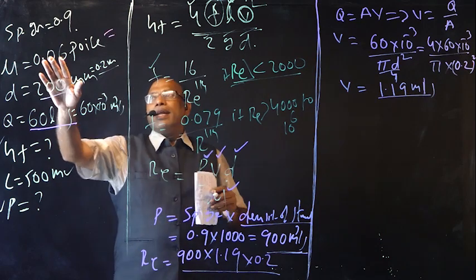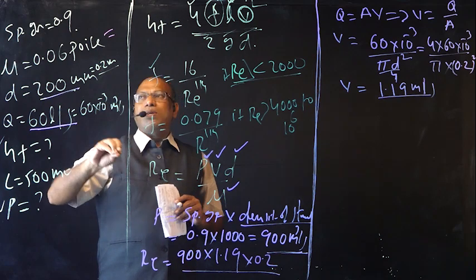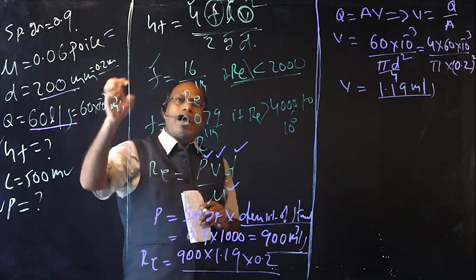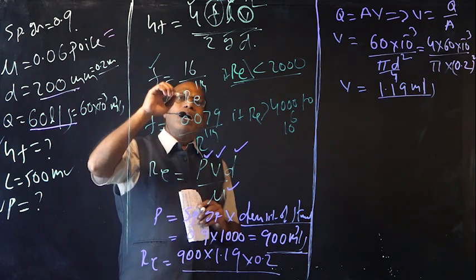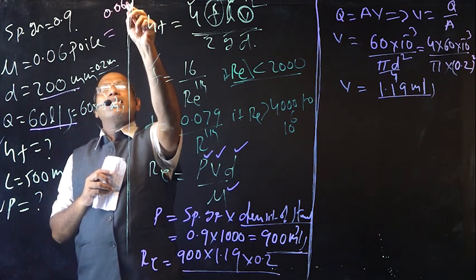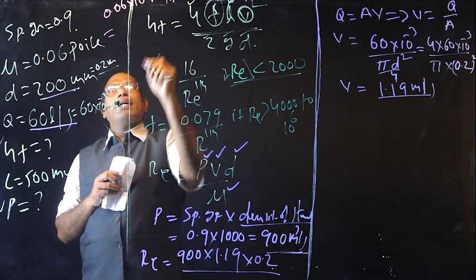This is in the CGS system. The viscosity is given in the CGS system, that is equal to 0.06 poise. Now this converts into the SI system, that is Newton second per meter square. This is equal to 0.06 into 10 power minus 1 Newton second per meter square.